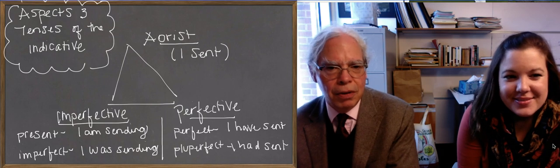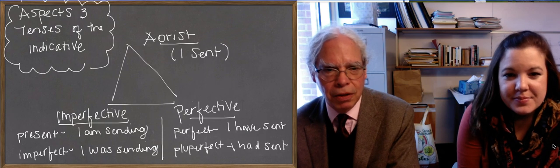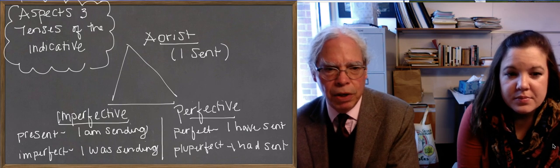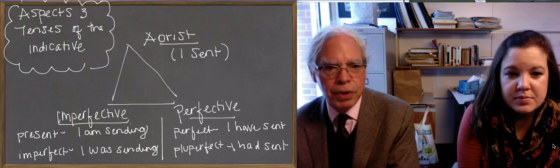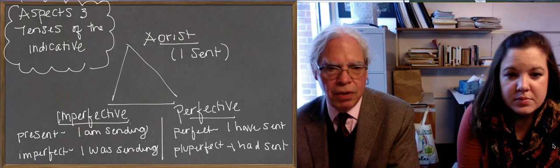So here are the translations that we're recommending. For the aorist indicative of a Greek verb, the simple past, I sent. For the imperfective aspect forms, the present is I am sending, expressing an action that's not complete. In that sense, it's imperfective. And the imperfect is just the past tense, I was sending.